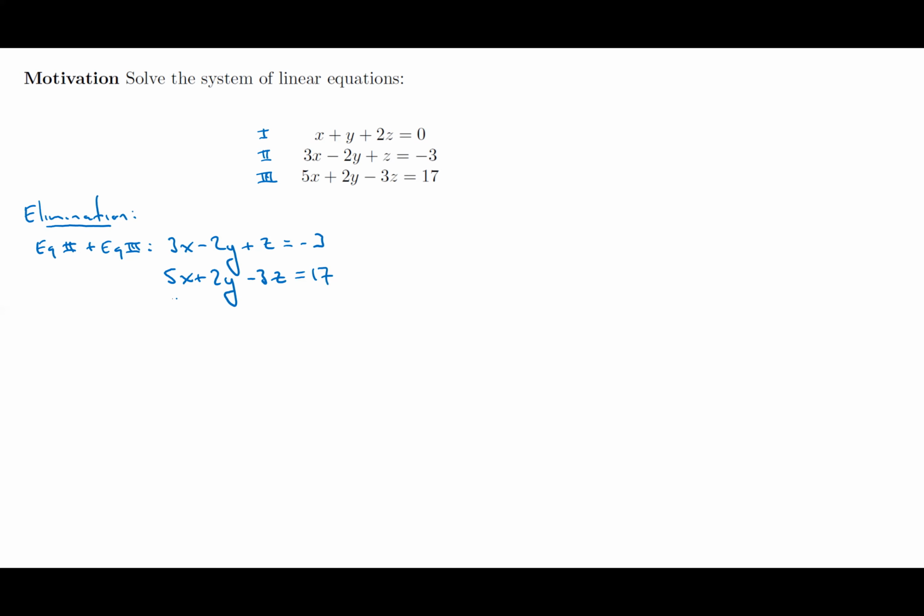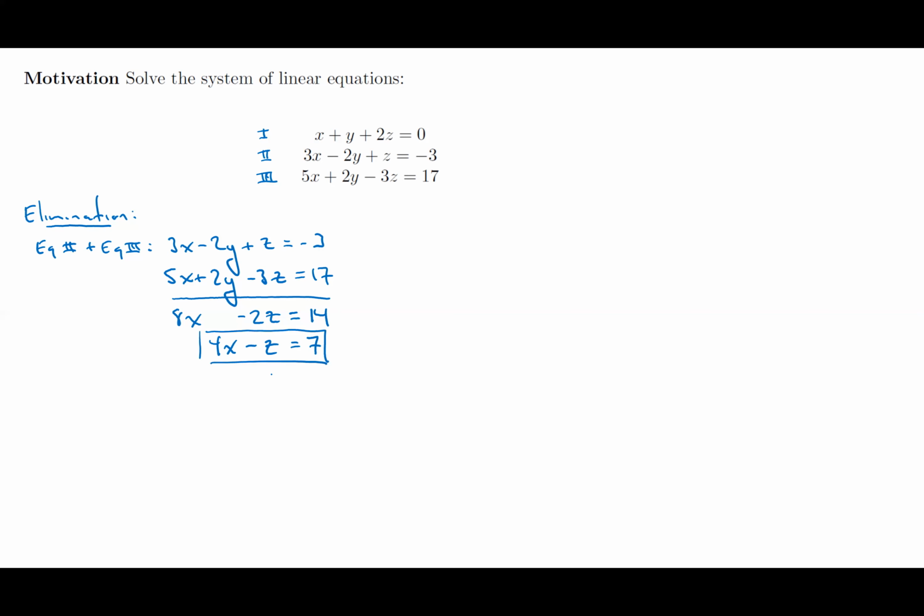Okay, add these together, and I get 8x minus 2z equals 14, right? I'm adding these together. And I could go further and factor out a 2 if I wanted, so this would be 4x minus z equals 7. So I'm going to hold on to that.